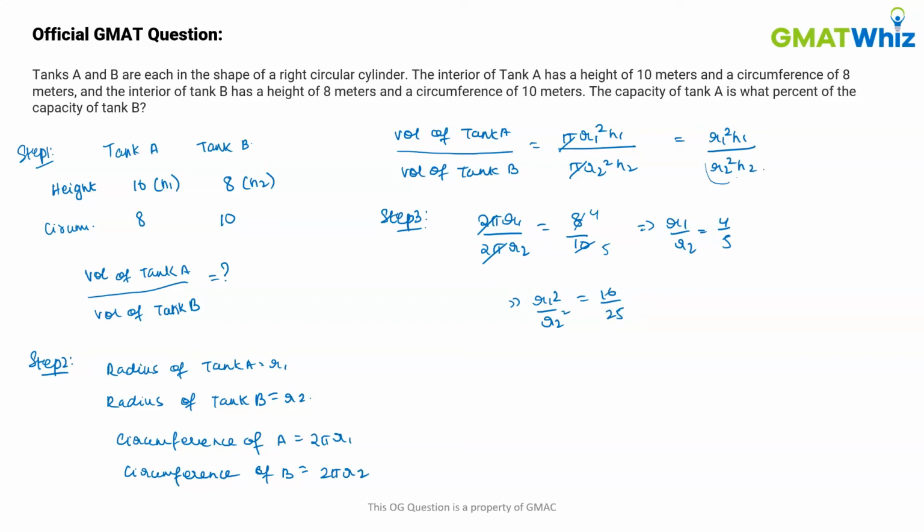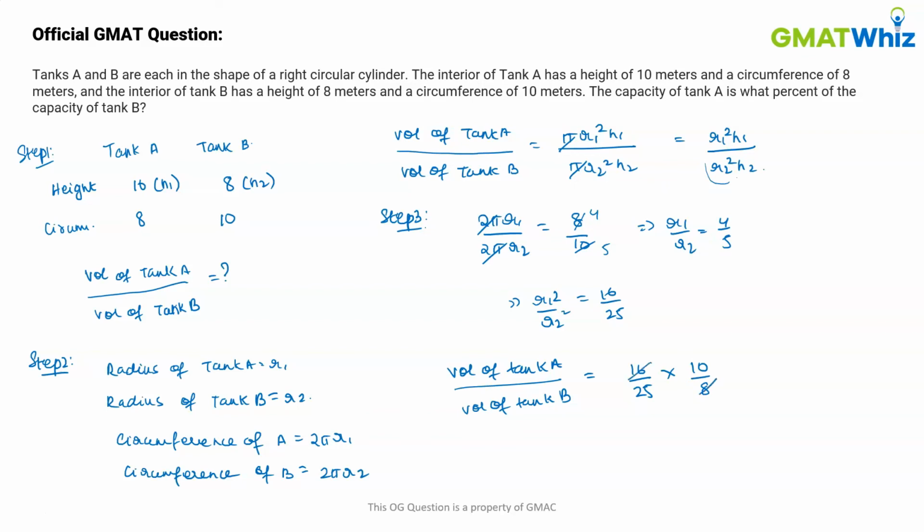Now we know the value of H1 and H2, so let's calculate the required ratio of the volume of tank A to the volume of tank B. This will be equal to 16 by 25 times the value of H1, which is 10, and the value of H2, which is 8.